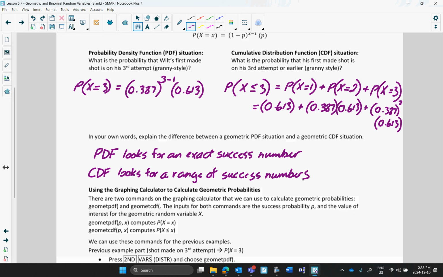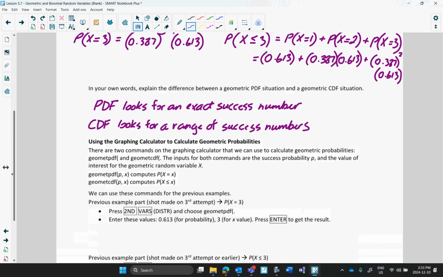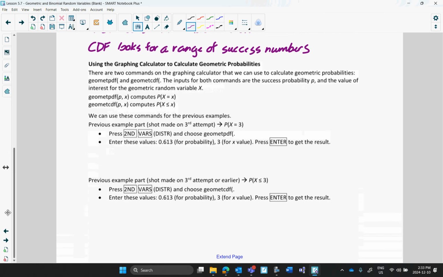Now, like I said, you've got a formula that you can use, and you can use intuition to figure it out. But the nice thing is, there is a graphing calculator function. So if we take the same situation above, what's the probability that he makes it on the third?